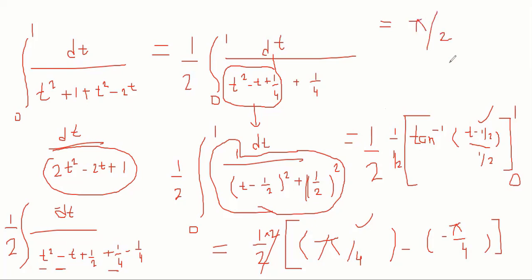So can you explain this? How did we convert it into tan inverse? Look, the integration of 1 by 1 plus t square is tan inverse t. Let me write this here. I'll erase the left side because the left side is clear. Everybody? Yes.